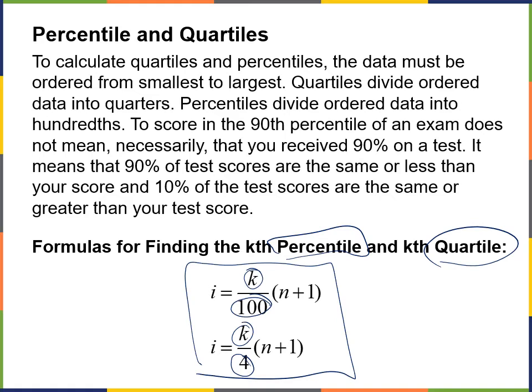If I'm looking for the 90th percentile, this would be 90. If I'm looking for the second quartile, that would be 2. That's how you would determine K. N, which is the other value in this formula, is the number of data values.